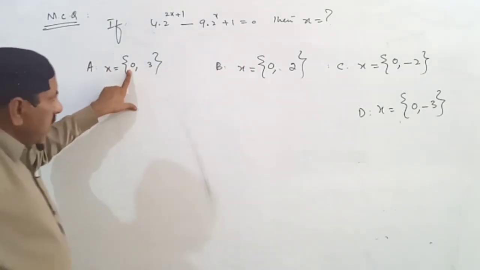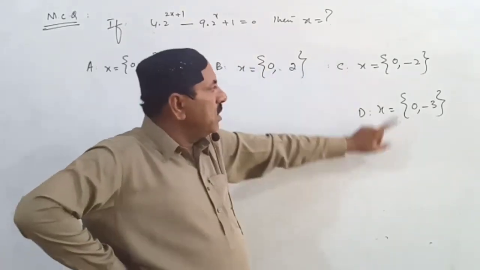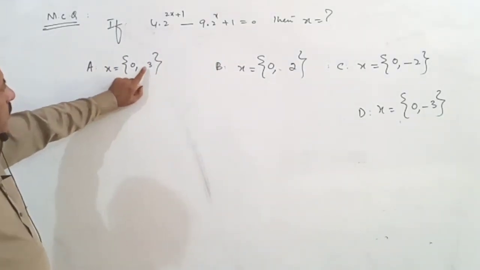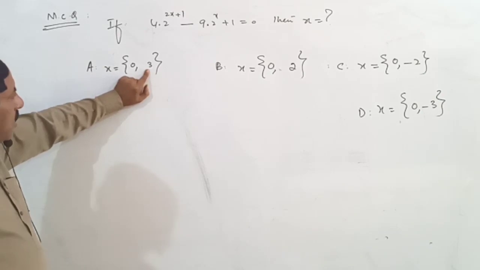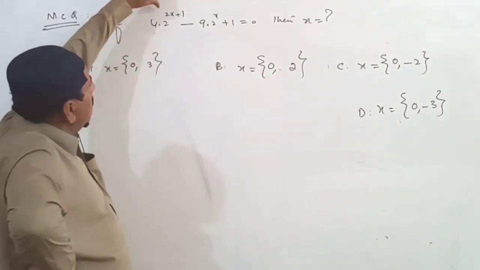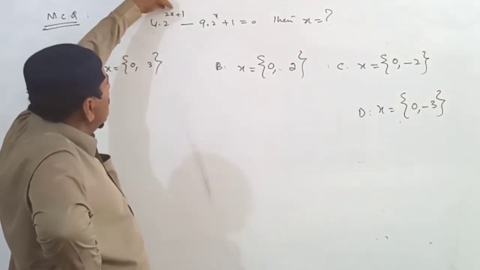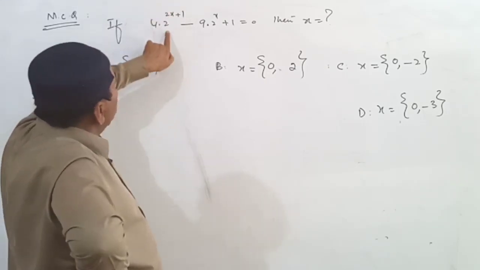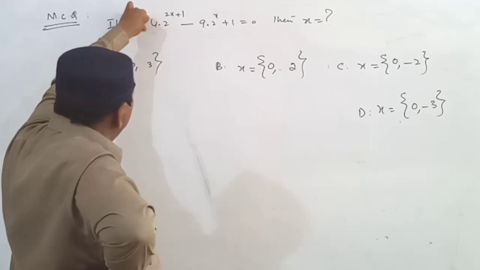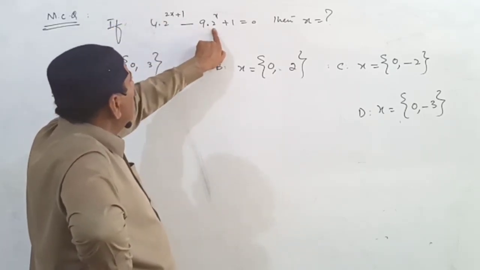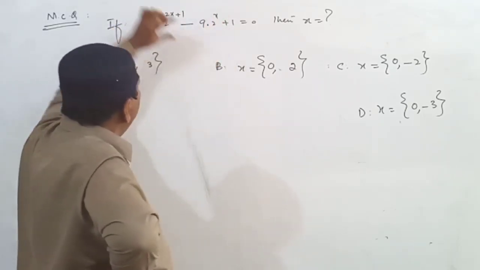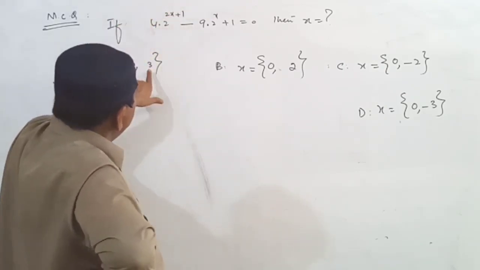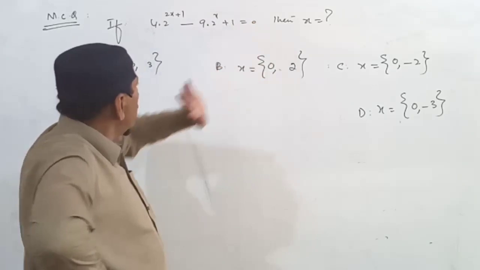Since 0 is correct, all options contain 0. Suppose x is 3. 2 into 3, 6, 6 plus 1, 7, 2 power 7 into 4, 2 power 3 into 9. This will be a huge difference, meaning the subtraction cannot be equal to 0.